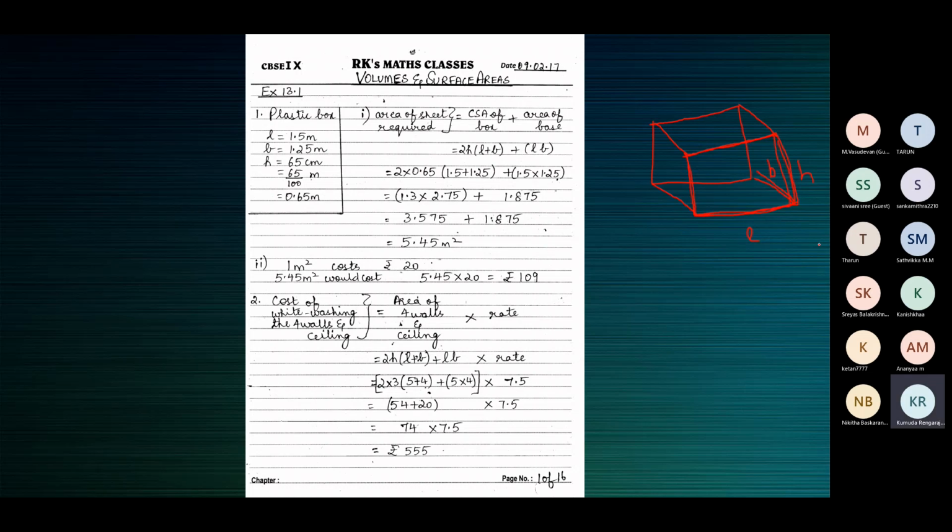Somebody else, please try. Kanishka answered this. Now, somebody else, please tell me, we know that 2 opposite faces will have the same area. What will be the area of the 2 side faces, the left and the right side faces?